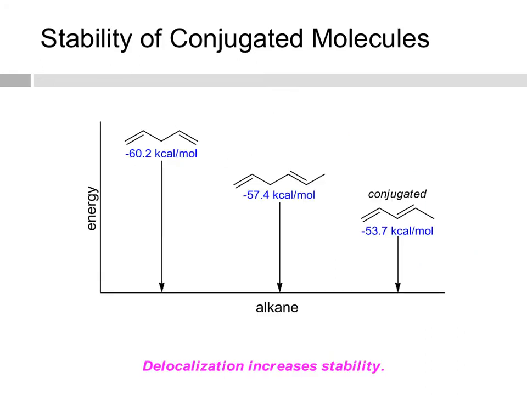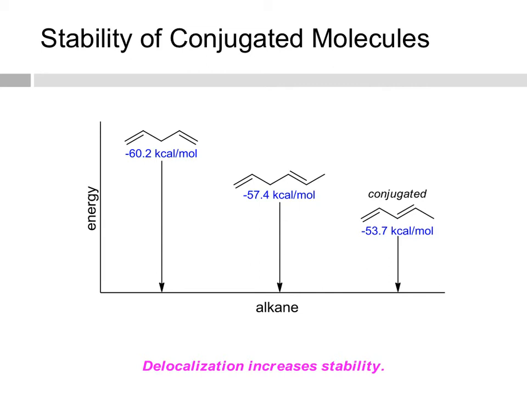Now let's look at the stability of conjugated molecules. We've already said that delocalization increases stability, which means that conjugated systems are more stable than the equivalent non-conjugated systems. The supporting evidence comes from the heats of hydrogenation.